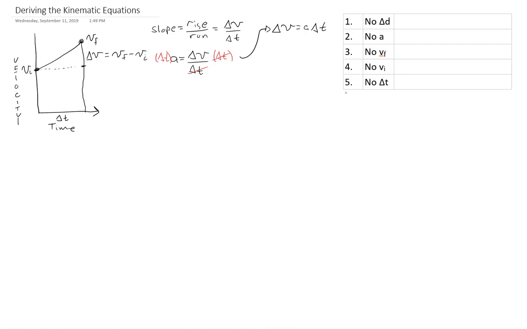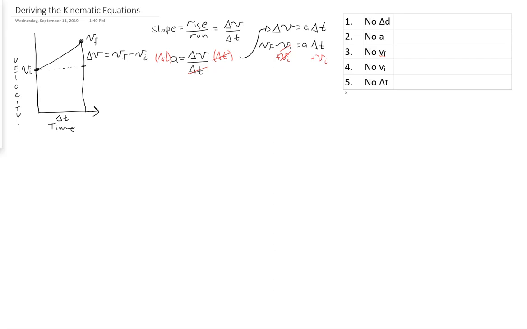And change in velocity, I said here, is Vf minus Vi, so I'll expand that. Vf minus Vi is equal to acceleration times time. I will add Vi to both sides. That will cancel with that.